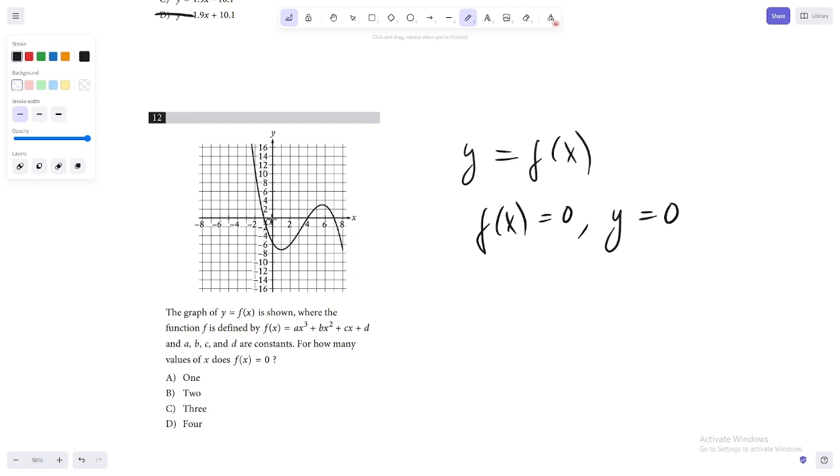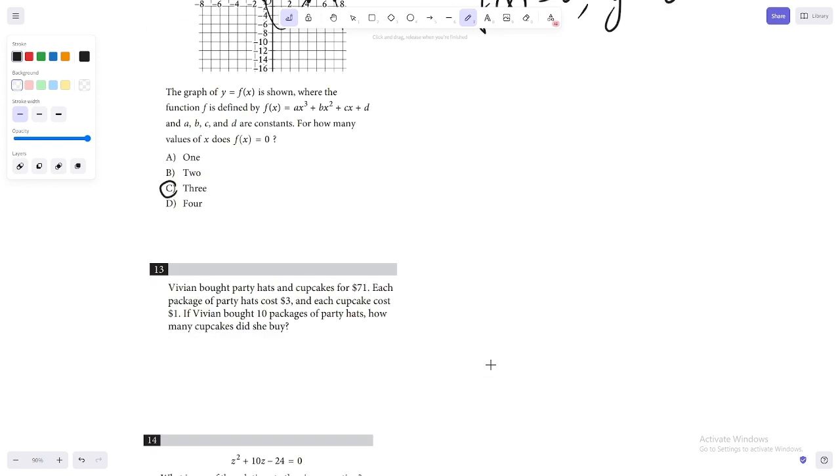So these are the points where the function crosses the x-axis. So we have one here, we have one here, and we have one here. 3 points in total. So the correct option is the option C.